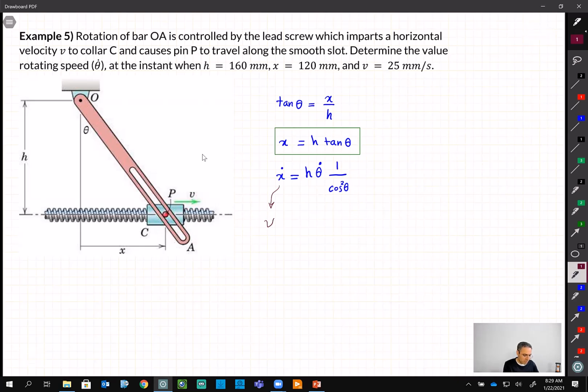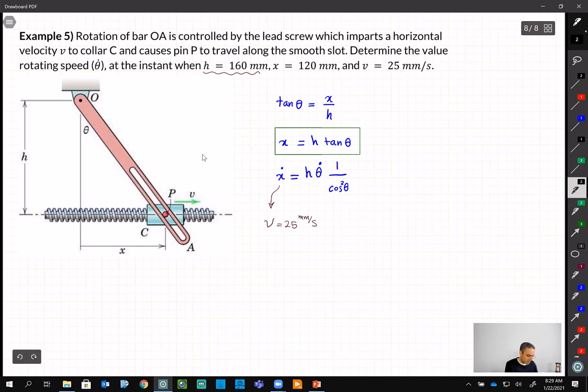Which information did the question give us? 25, and be careful about the unit, millimeter per second. We have h. And what else? We need cosine theta, which is also easy to figure out. I'm just going to write it down here.